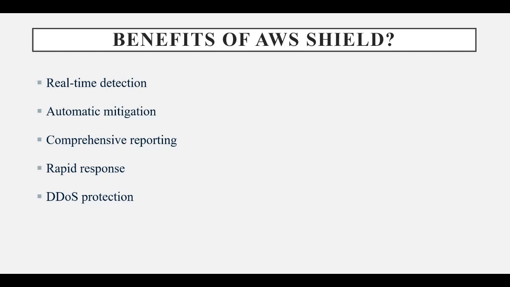The next is rapid response. AWS Shield Advanced customers have access to the AWS Shield response team for rapid response to threats. In the definition, I told you it has two tiers, one is Standard and another is Advanced. Customers who are using AWS Shield Advanced have access to the AWS Shield response team.